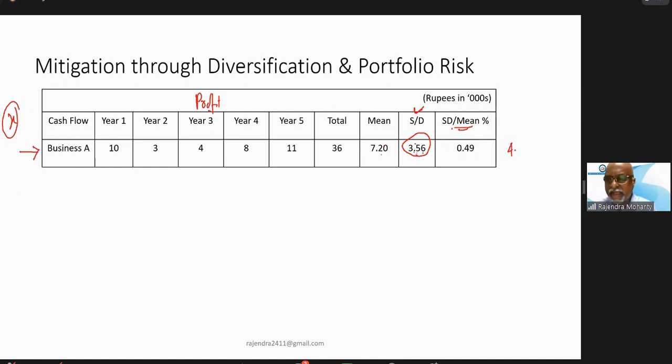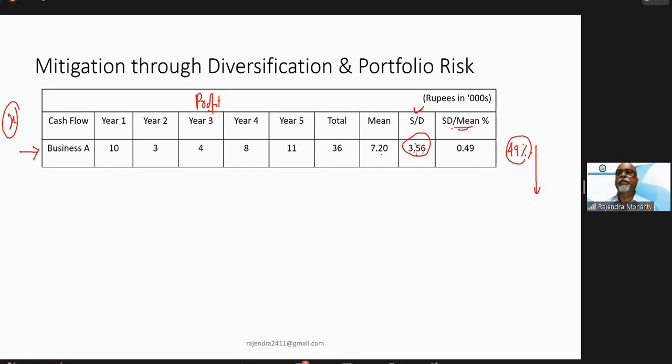And this risk can be measured using the standard deviation to mean percentage. So here we can say that as per this, business A is 49% risky. Because of this variation of cash flow, we have arrived at this standard deviation to the mean percentage, which is 49%. So this business is 49% risky for Mr. A.